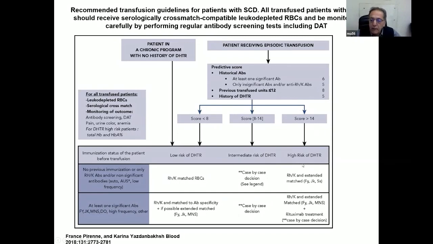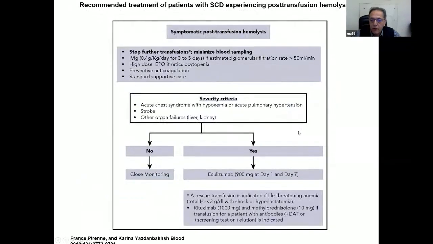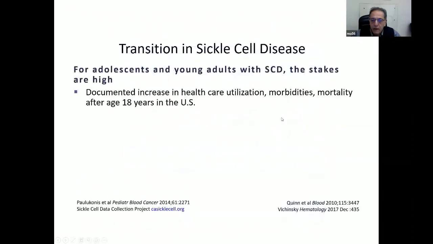I don't mean to elaborate on the exact details of the transfusion management, but just to see how involved it is and how important it is to have a good blood bank and transfusion service. Now, one important area which is neglected and where multidisciplinary care is essential is transition.